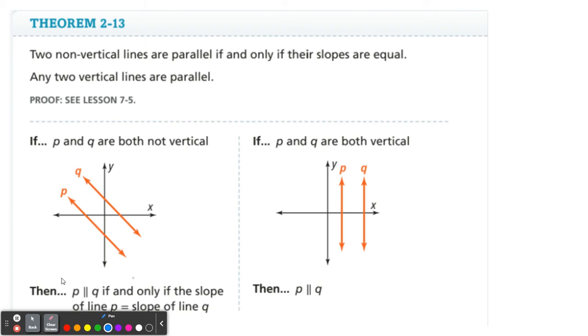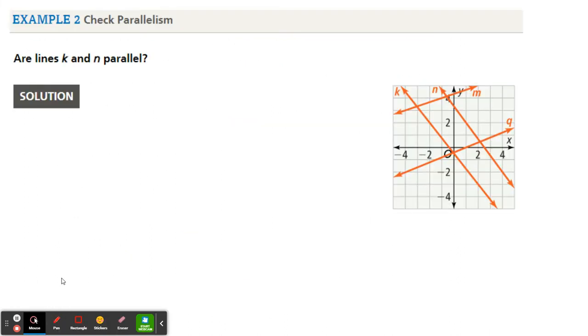If you have two non-vertical lines, they are parallel if and only if their slopes are equal. Here's our picture here. They also talk about vertical lines because vertical lines have undefined slope. Sure, two vertical lines are parallel. All right, good deal.